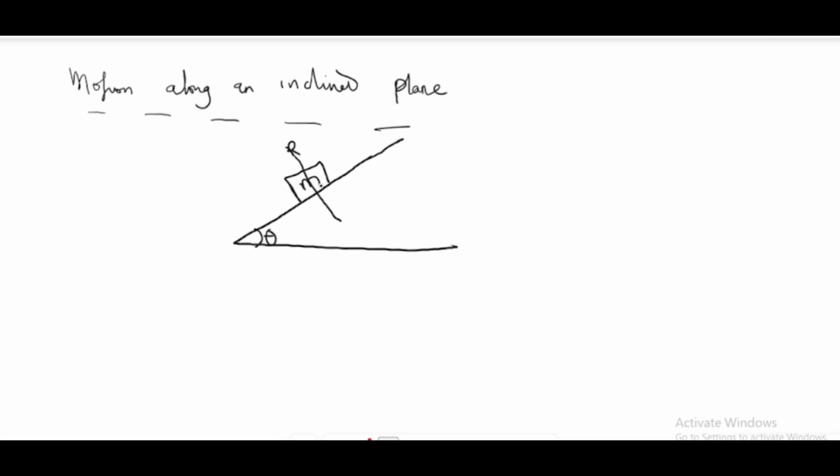Remember that every particle's weight acts downwards, so we have this to be our mg. Now, this reaction is perpendicular to the plane. Did you see that? So we have an angle of what here? 90 degrees. Good. So now, this weight also forms an angle of 90 with the horizontal. Are you with me? Good.